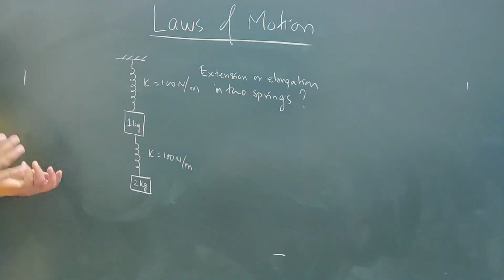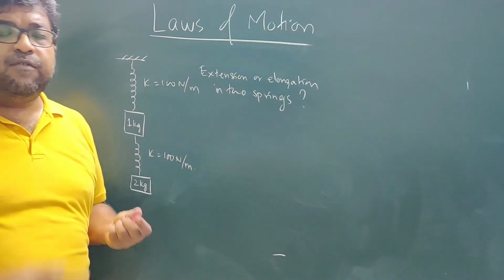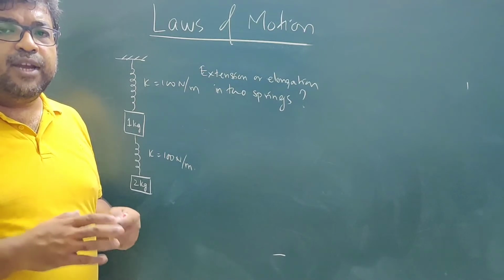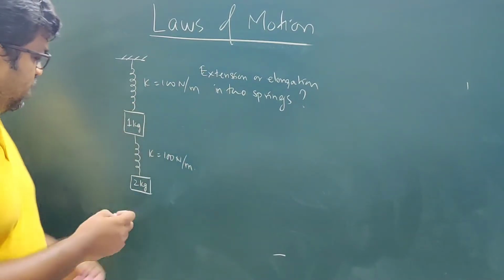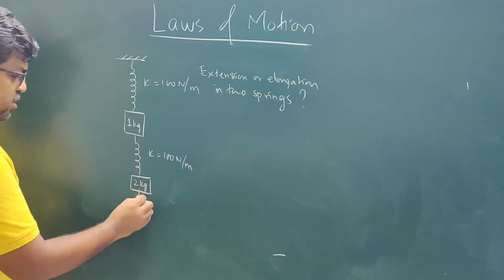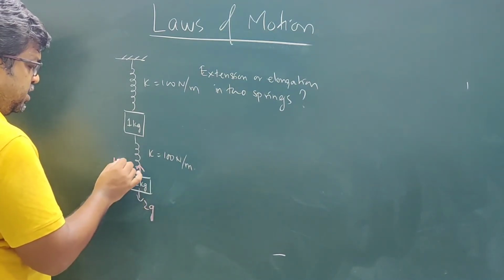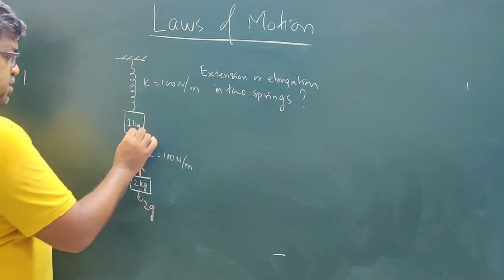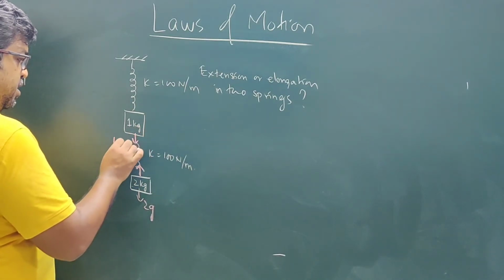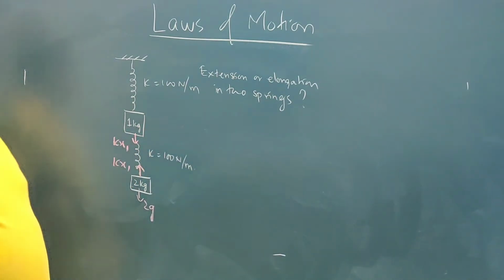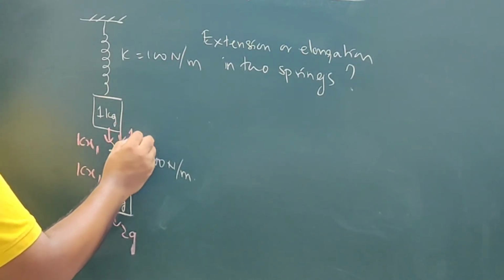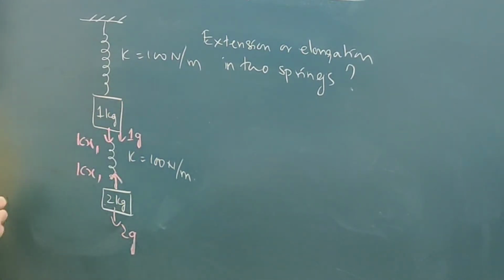Now whenever such situations are given, we have to draw a free body diagram. Free body diagram means mark all the forces. So this is 2 kg, so this is 2g. Suppose here the spring force is kx1, so here also the spring force will be kx1, where x1 is the elongation. For this 1 kg, again mg force, 1g, will act in the downward direction.